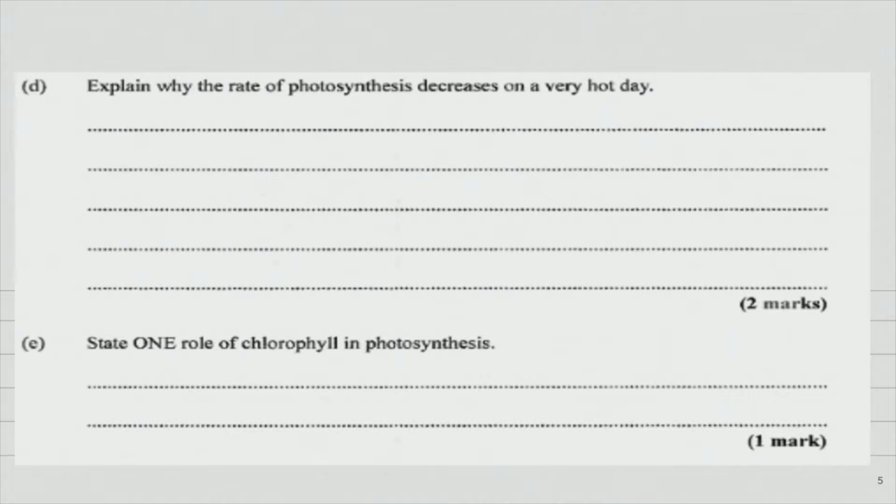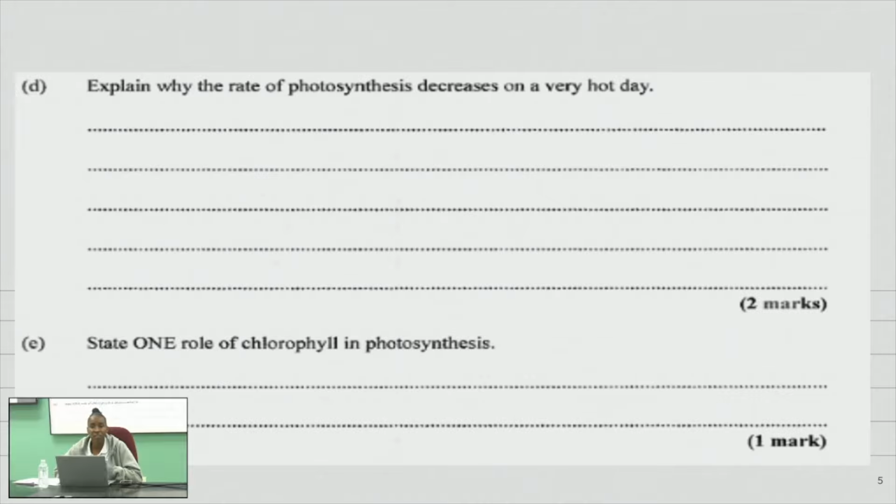Now, the next part of the question is saying, explain why the rate of photosynthesis decreases on a very hot day. Now, when we're talking about photosynthesis, we know that there are different factors that can affect the rate of photosynthesis. And typically, when we're thinking of something limiting the process of photosynthesis, we talk about our carbon dioxide concentration, and that's because we're typically looking at light intensity.